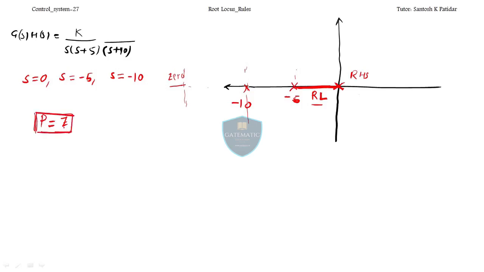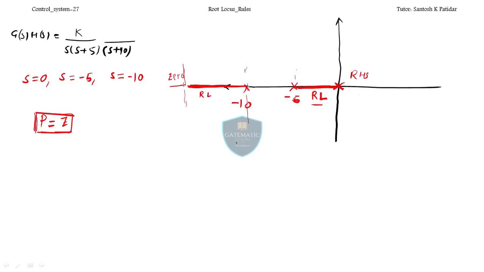This is the foremost assumption. So if I come to infinity and look to the right-hand side, I'll get 3 points: 1, 2, 3. So definitely between these 2 points, I'll have one RL branch. This is the very first step to draw the root locus diagram. So we have done this.